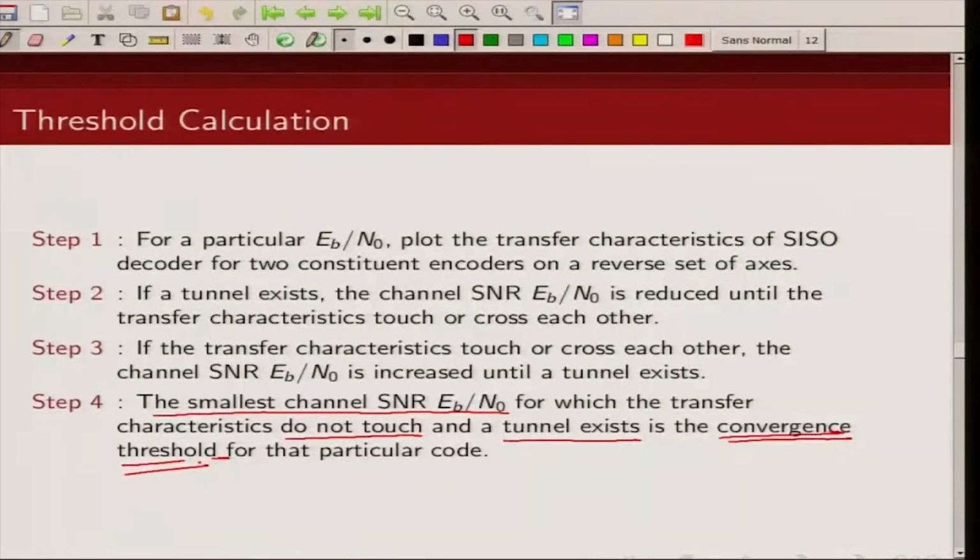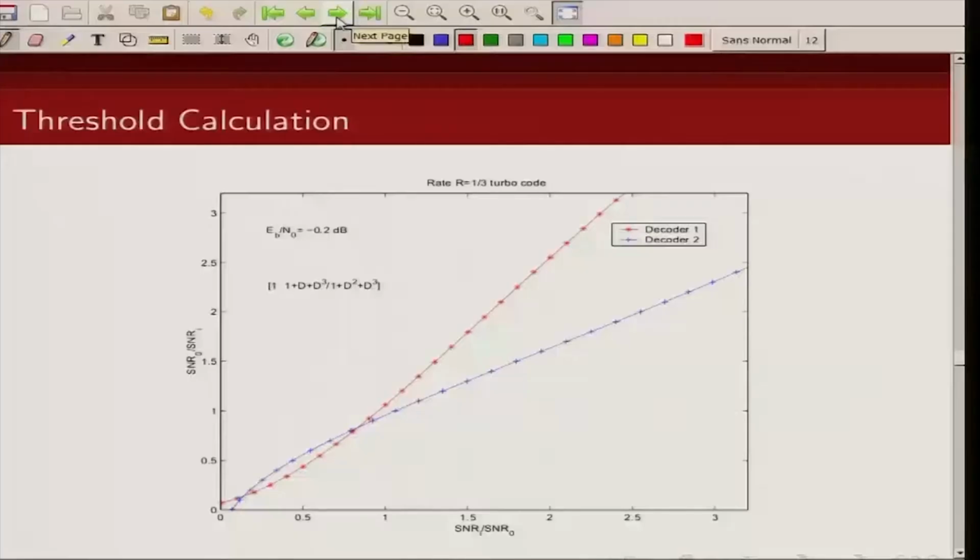That gives the minimum SNR under which that code will converge, and it will have a waterfall kind of behavior if you take a large enough block size.